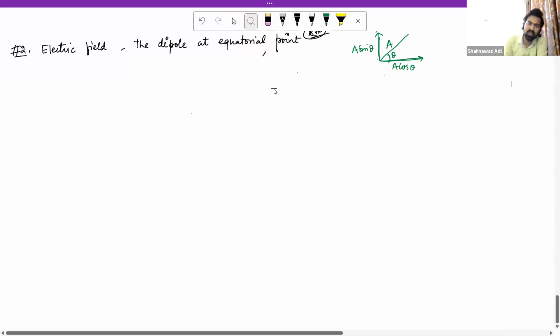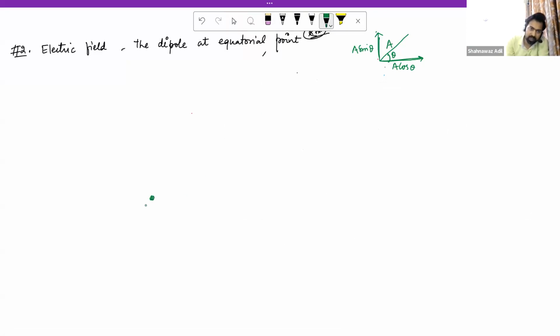Okay, so what do we have? We have two charges, minus Q and plus Q. These are the two charges that I have, right? Yes, sir. And I want to calculate the electric field on the perpendicular bisector of this. This is the perpendicular bisector, right?